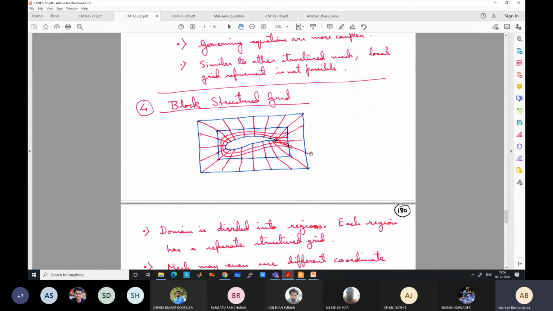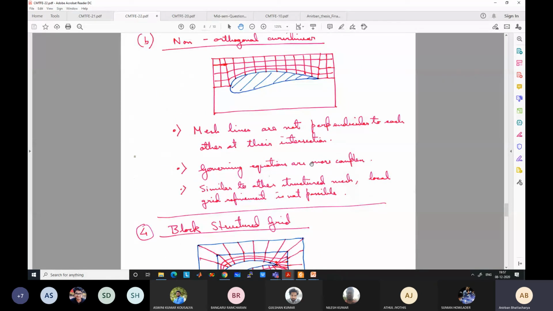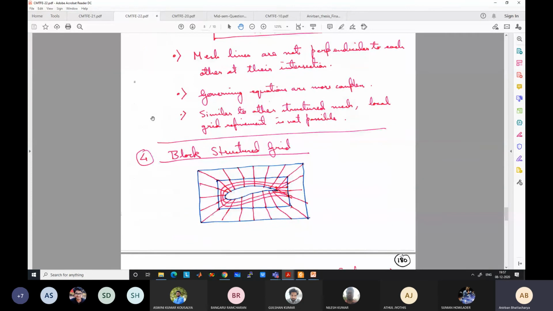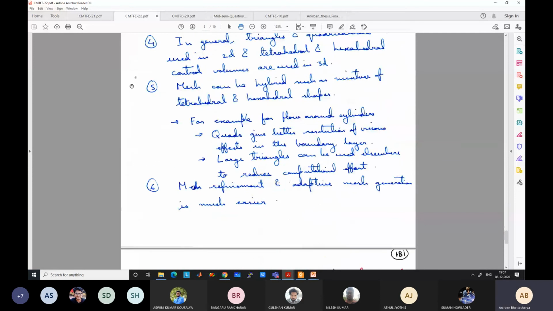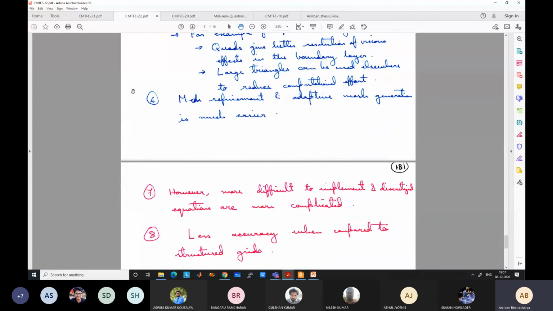This is possible because connectivity is not the same. Each triangle need not have the same number of neighboring triangles. One large triangle can have 10 neighboring triangles. That's why it is possible to have much finer refinement. Adaptive mesh generation is easier.